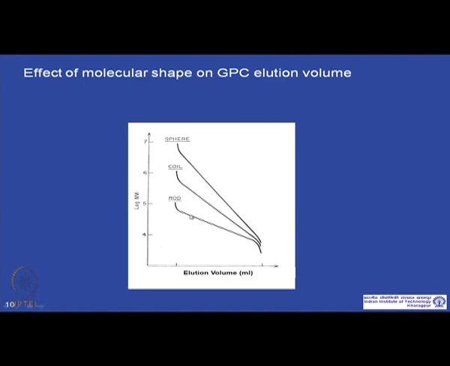For a given molecular weight, if the shape of the polymer changes, say from rod to sphere to coil, then the molecular size changes, and the elution volume is related to molecular size, not molecular weight. Hence, the elution volume also changes. So, if this calibration is done for a linear polymer, we cannot use it for other shaped polymers like branched polymers, which will have a different shape.